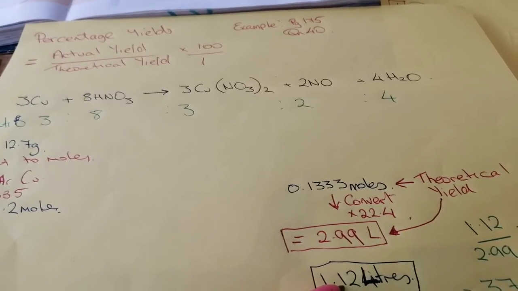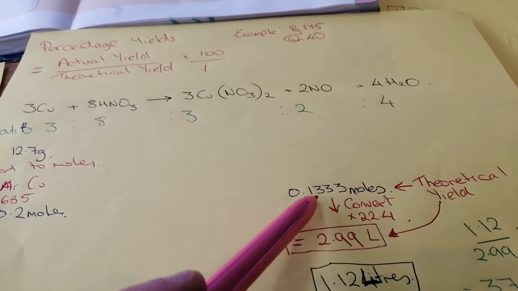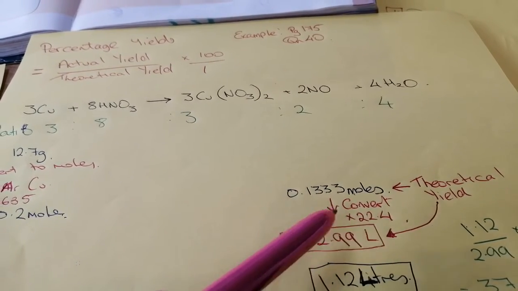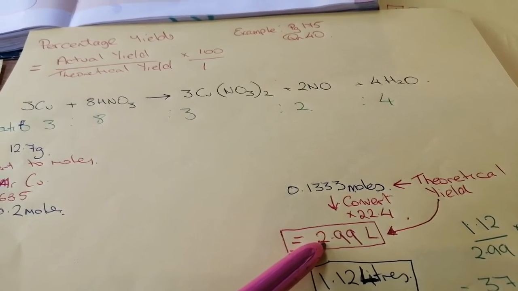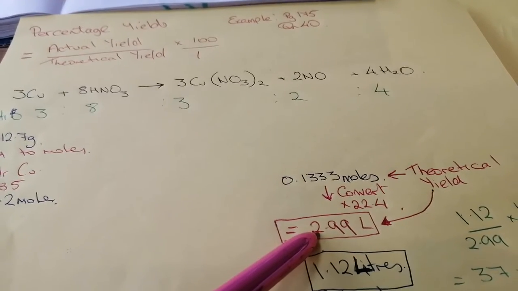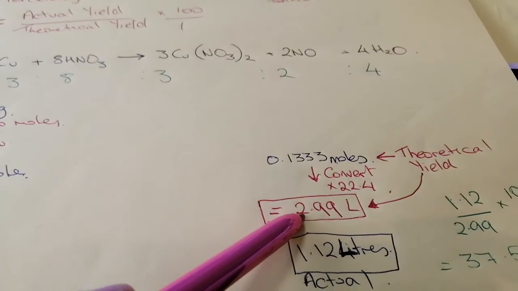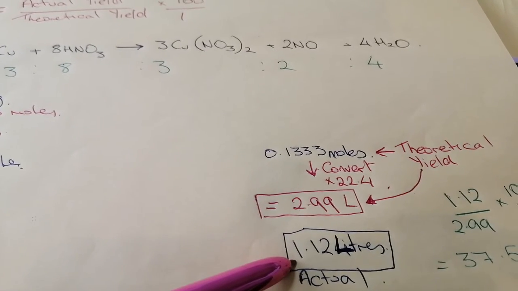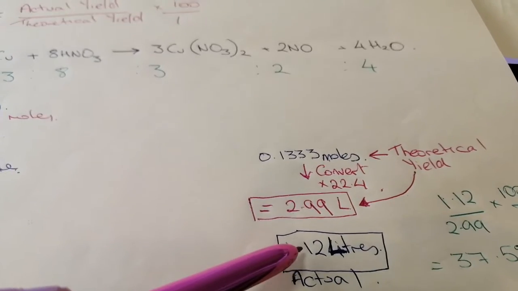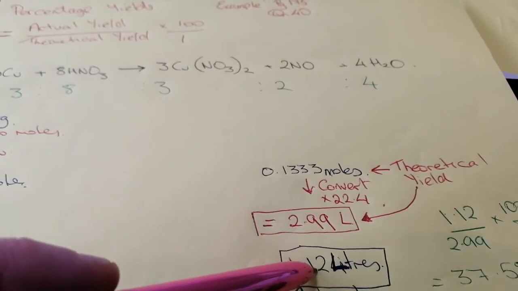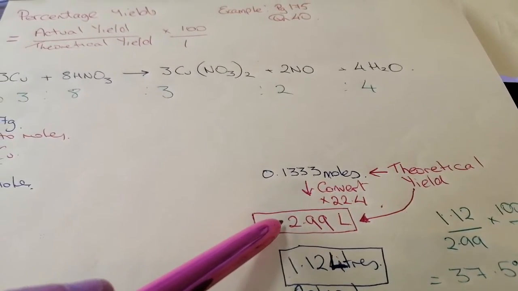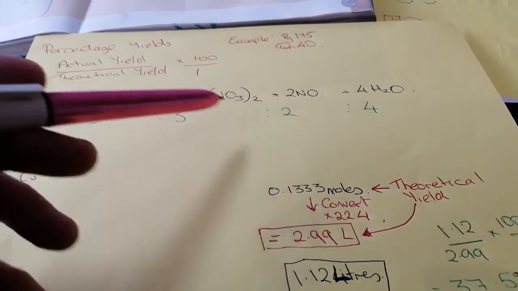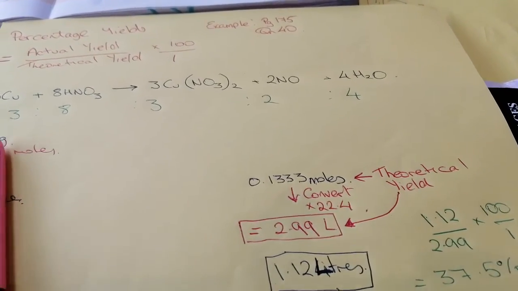Because they gave me this in litres, I convert my moles to litres at STP, so you multiply it by 22.4 litres, and that meant I had 2.99 litres of nitrogen monoxide theoretically at STP. That's what I should be getting. I didn't get that, I got this. That's my actual yield. So I take my actual yield, which is 1.12, over my theoretical yield, which is 2.99, multiplied by 100/1, and you get 37.5%.